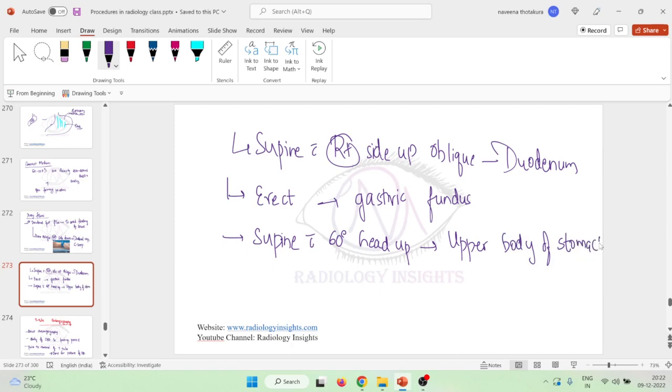Then a normal supine view is taken for the lower body of the stomach and the pyloric antrum.